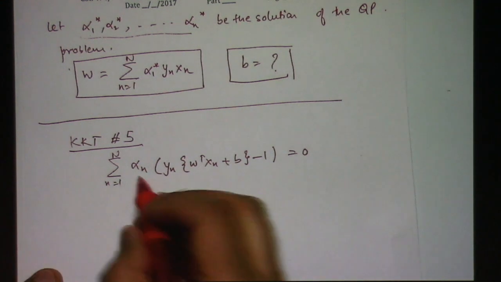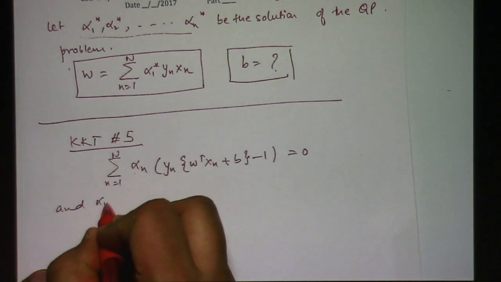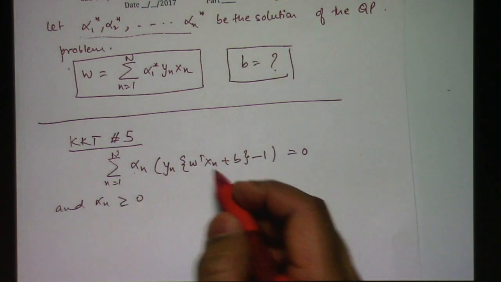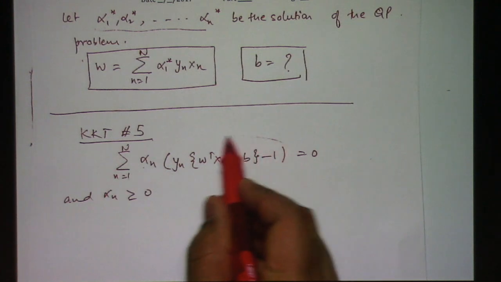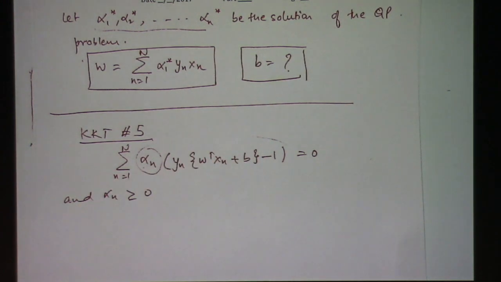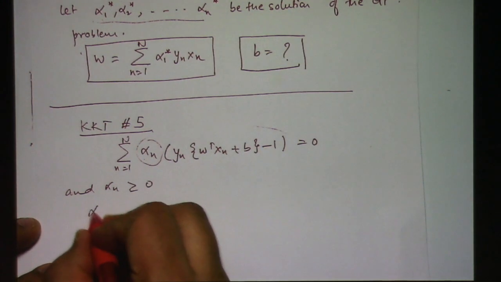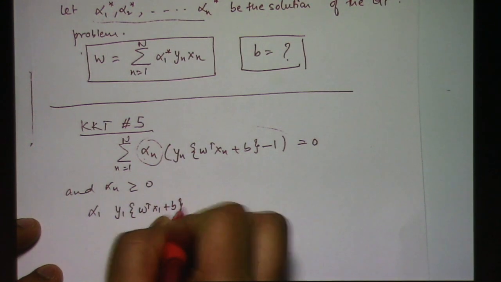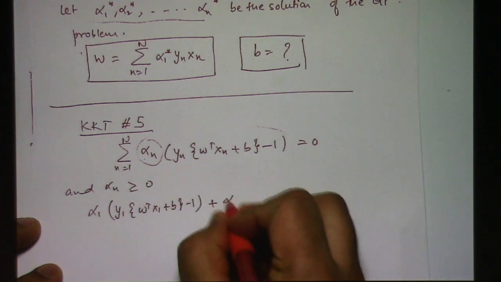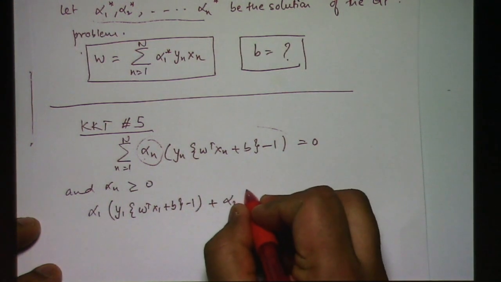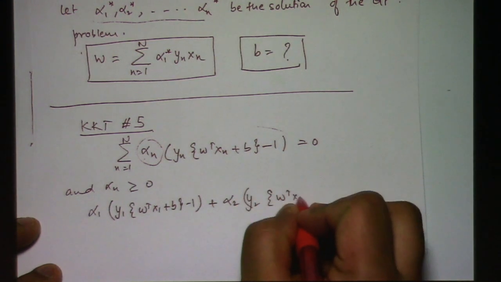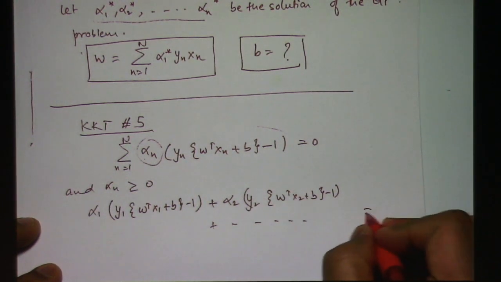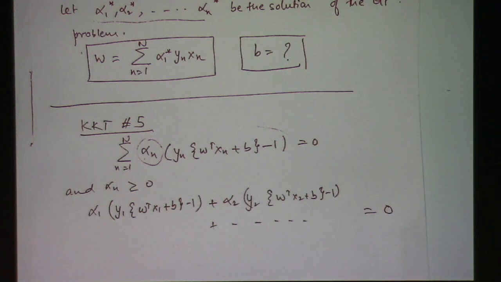And now remember that all the alpha n's are positive, right? Which means that if you have a solution, then this thing will always be positive. So if I write it out, this will be alpha 1 y1 (w transpose x1 plus b minus 1) plus alpha 2 y2 (w transpose x2 plus b minus 1) and so on, right? The whole of this should sum up to 0, right?